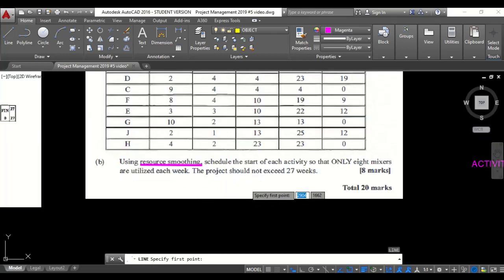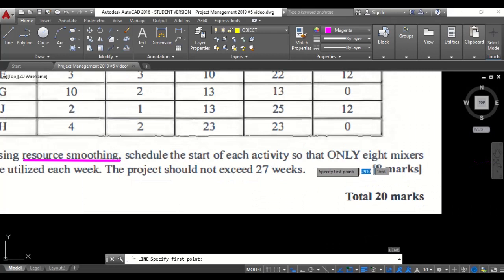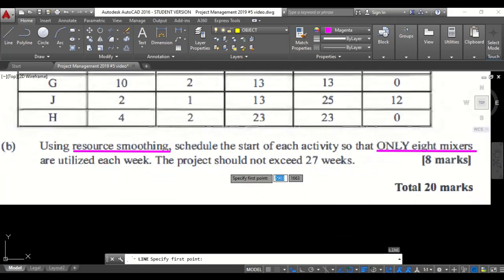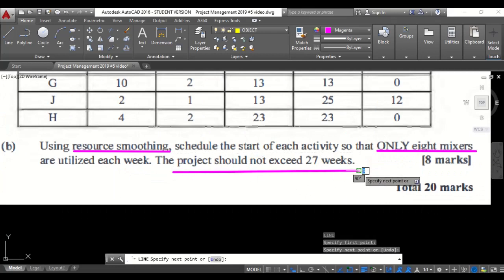They want us to make sure that only 8 mixers are used, only 8 equipment. And the project should not exceed 27 weeks. So those are the important things that we are pulling from this question that we need to zoom in on and make sure that we follow to the requirement.